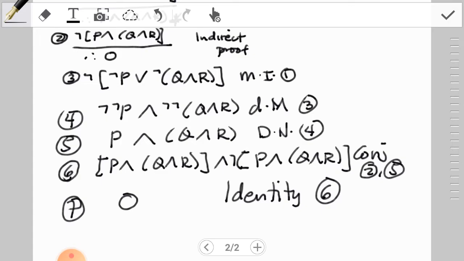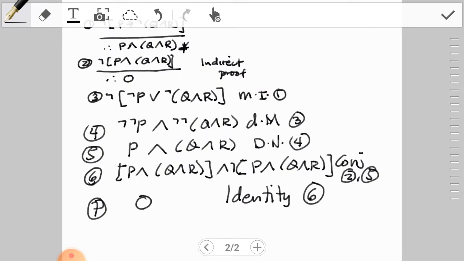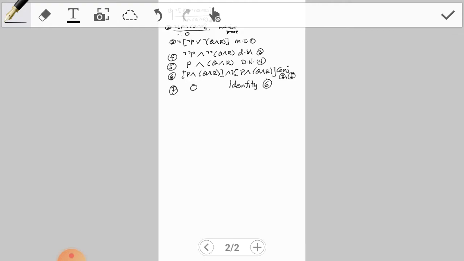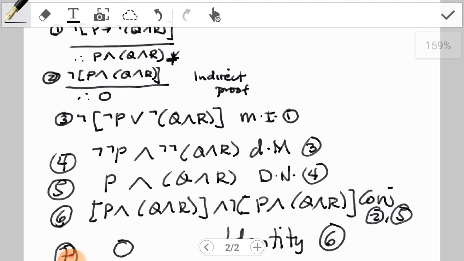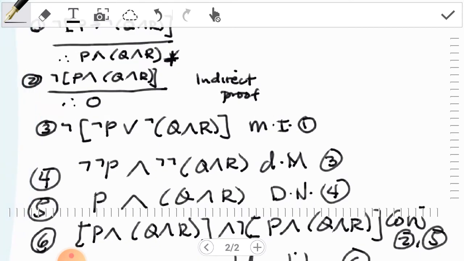Well, it's longer compared to the original solution that we had in the homework, but at least we have here an alternative solution. Again, for our indirect proof, you take your original conclusion, negate it so that it becomes a new premise, and then your new conclusion will be the false value 0.